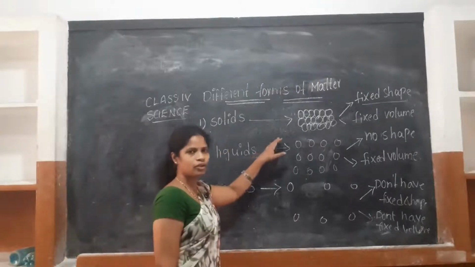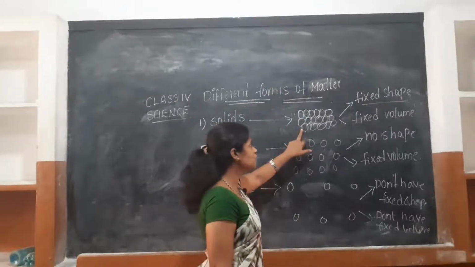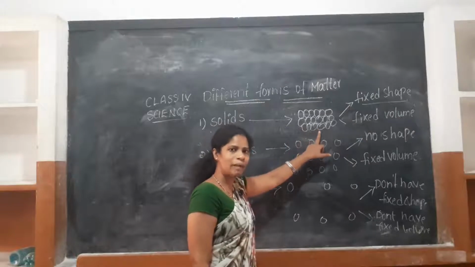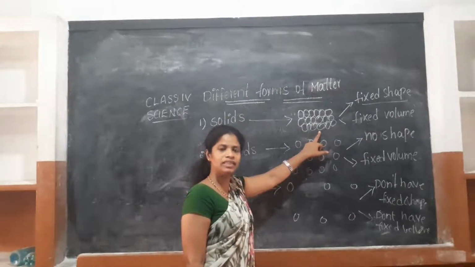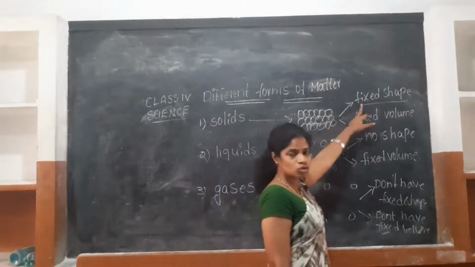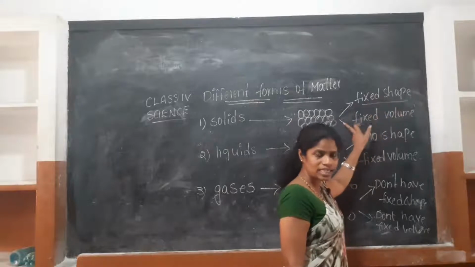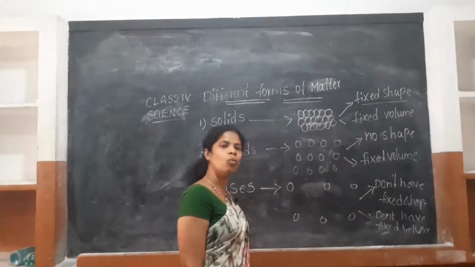Once again I am telling you, look here. In solids, the atoms or molecules are closely packed with one another, and the force of attraction between them is very high, and solids have a fixed shape and also a fixed volume.